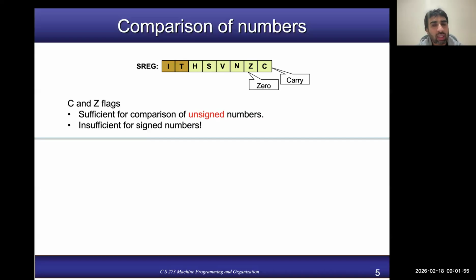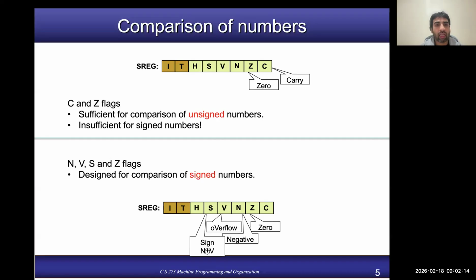Now, the important thing is that the zero flag and carry flag are used when we are comparing unsigned numbers. However, they are not sufficient for comparing signed numbers, right? So that's why we have some more flags: the negative flag N, the V flag, the overflow flag, and the S flag, the sign flag, which are combined with the Z flag, and then they are used when we want to compare signed numbers, right?